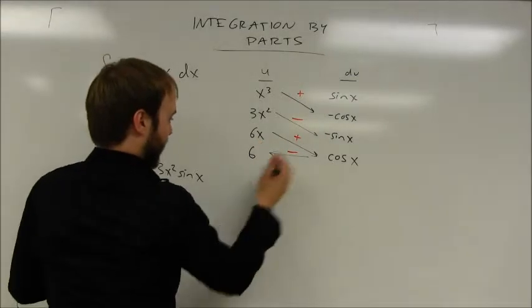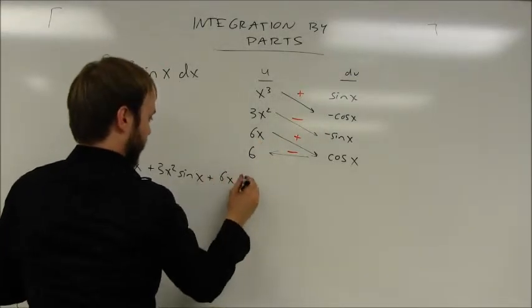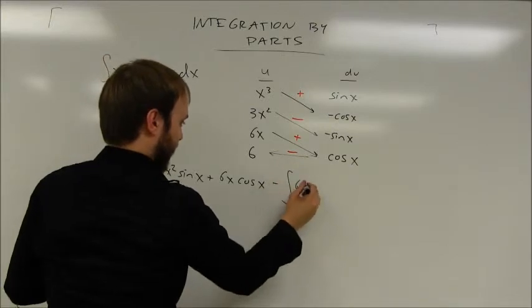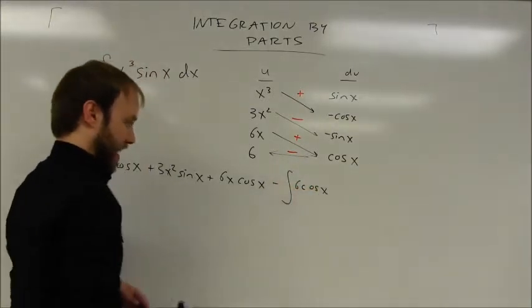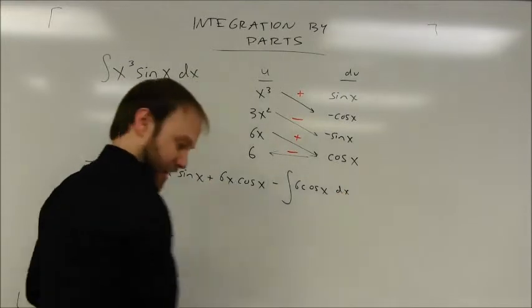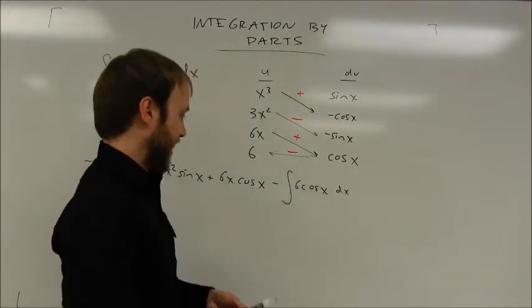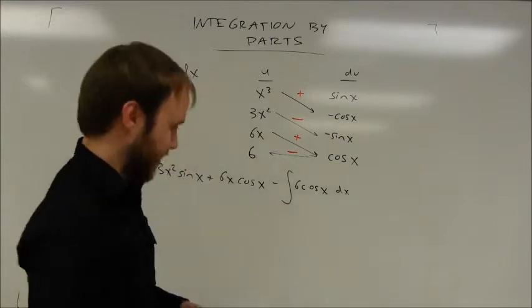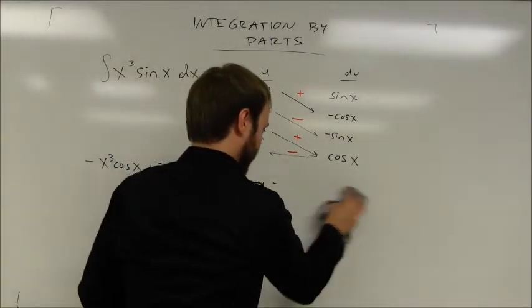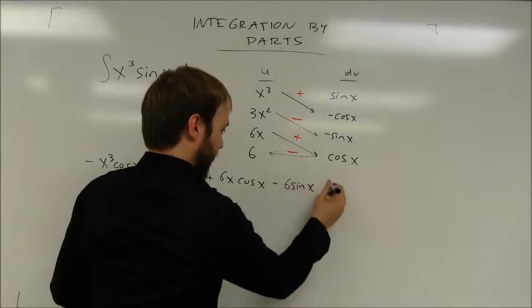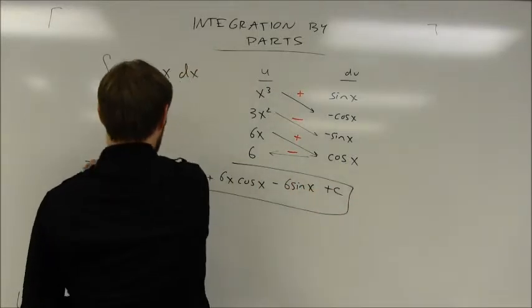Okay, plus 6x cosine of x minus the integral of 6 cosine of x dx. And of course, in this case, I know the integral of negative 6 cosine of x dx, that's going to be minus 6 sine of x. So I'm going to replace that. And then you add your constant and you're done.